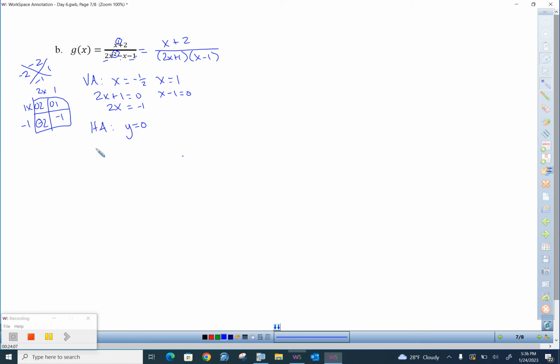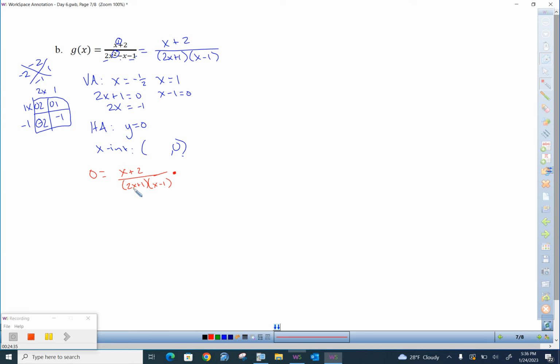Now we're ready for the x-intercept and y-intercept. For the x-intercept, we know 0 goes here. So now we're going to go back up to our equation. 0 equals, again, factored form is better for this. So we're using x plus 2 over 2x plus 1 and x minus 1.